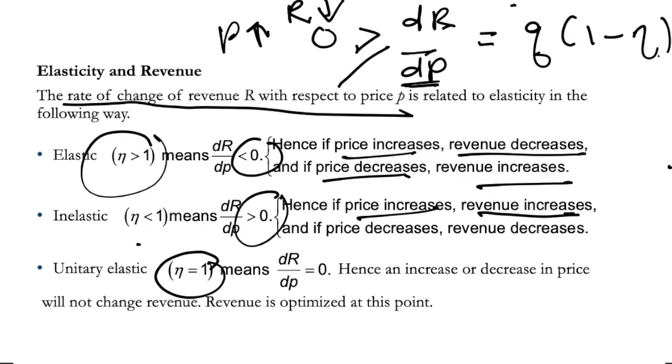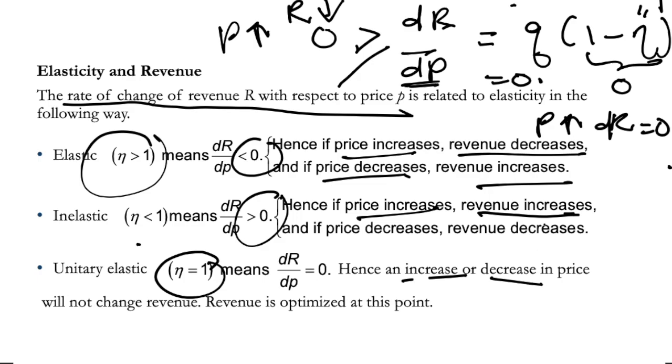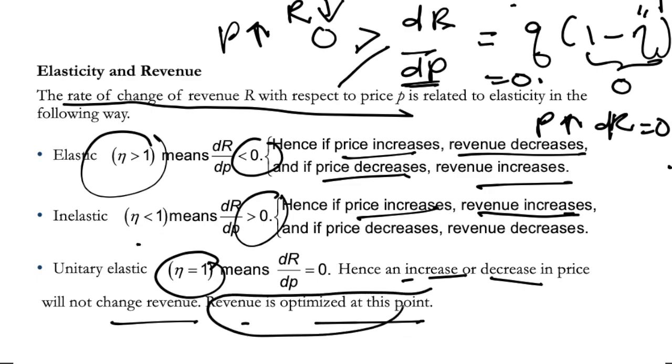Imagine 1 minus eta equivalent to 0, so the whole thing becomes 0. dR over dP becomes 0, meaning what? If price increases, revenue has no change. Hence, an increase or decrease in price will not change revenue. Revenue is optimized at this point. What does it mean by optimize? It means revenue is maximized at this point.